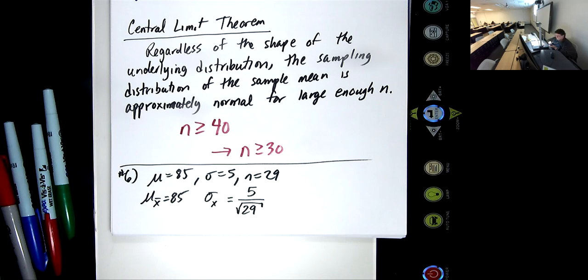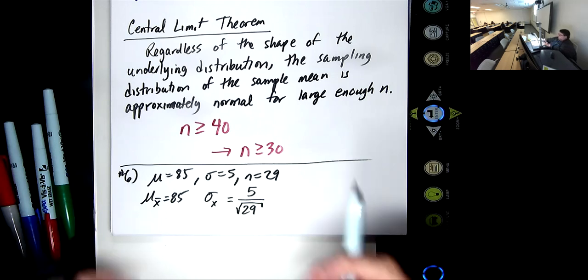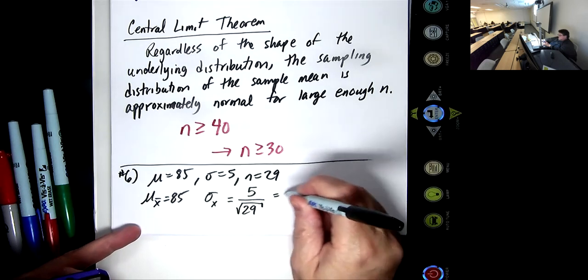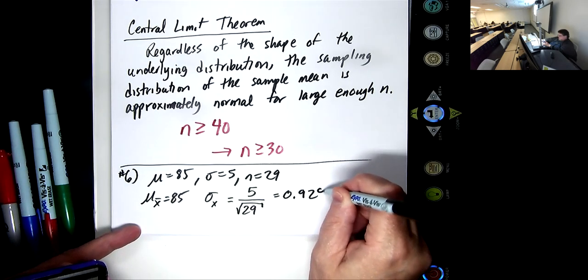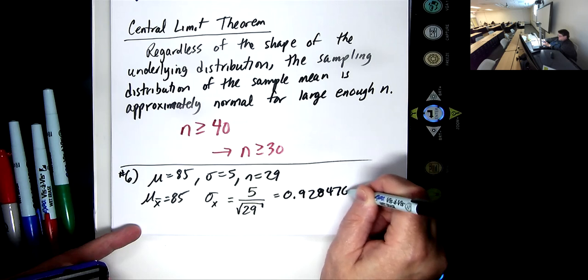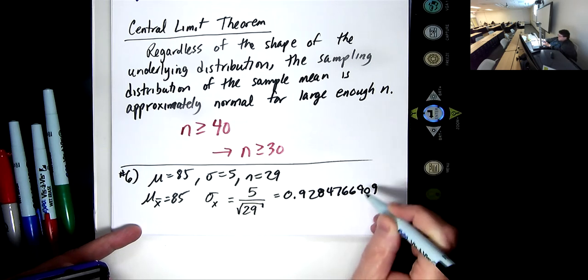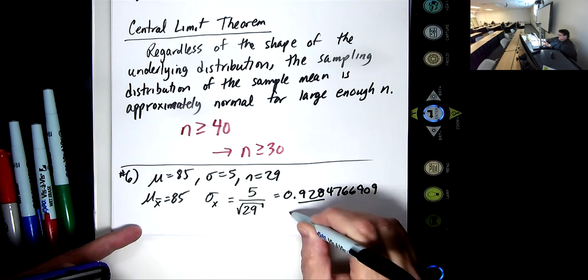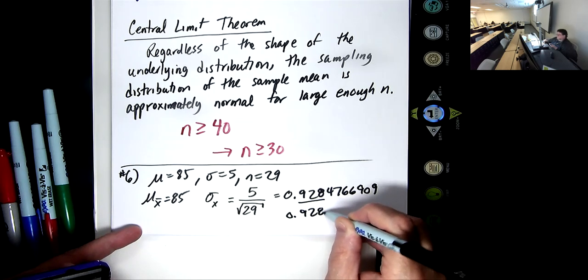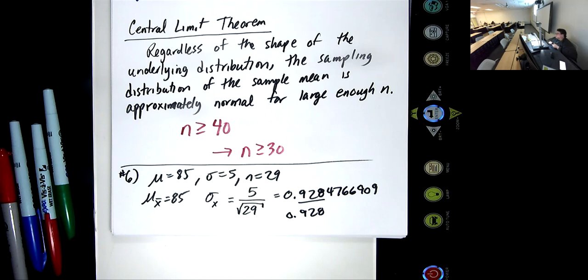This is 5 divided by square root of 29, which is 0.92. They told me to round to 3 decimal places. Your problem will have different numbers, but it's the same process.